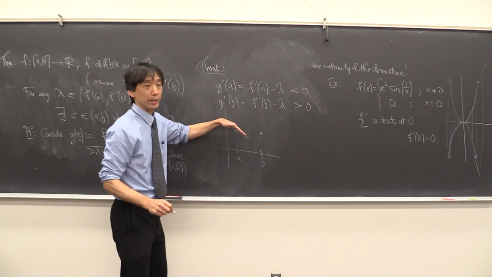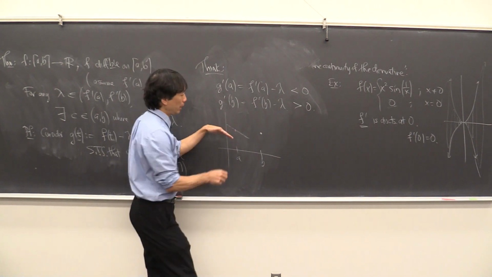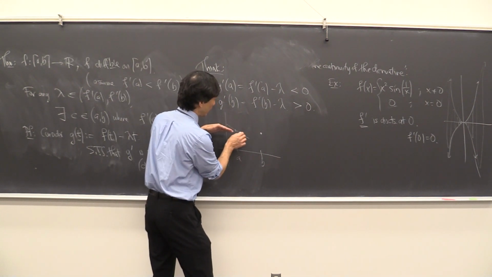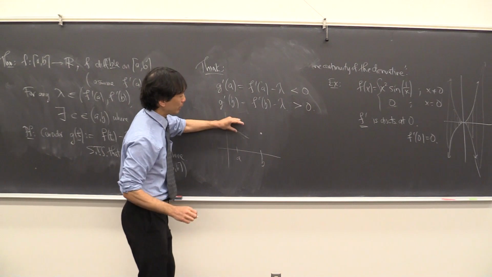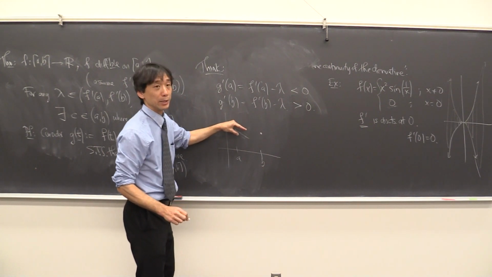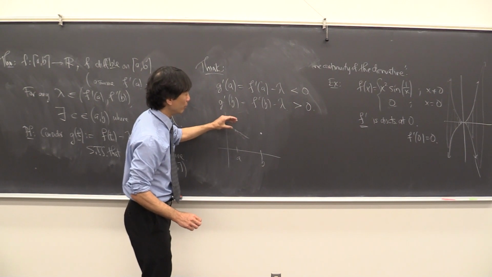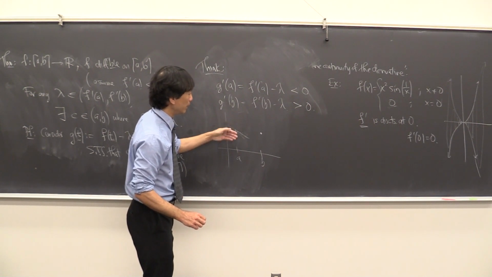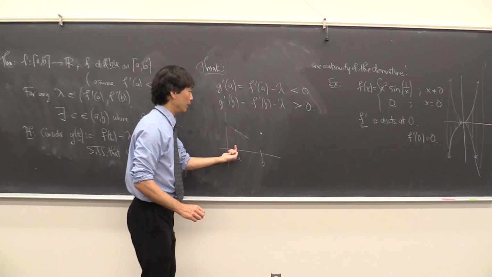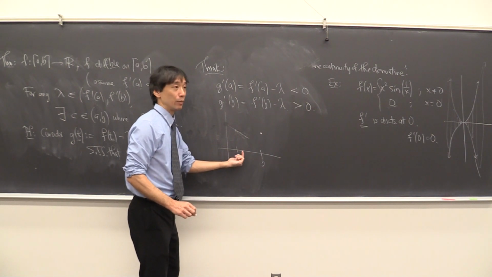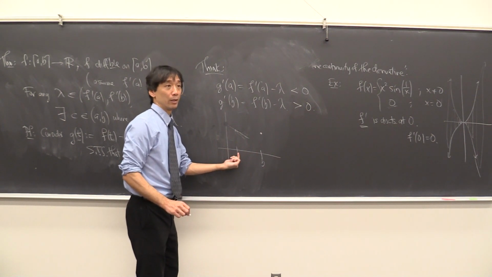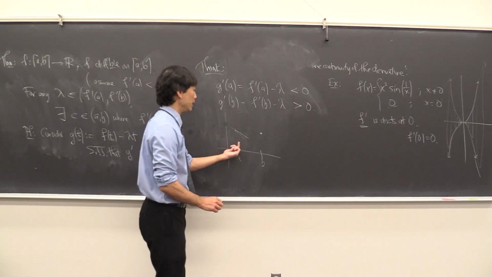And again, we can trap it between two lines that are really close to the tangent line. Since we can trap it so close to the tangent line, we know that the function must be decreasing in a small neighborhood. Okay, so that's the idea.